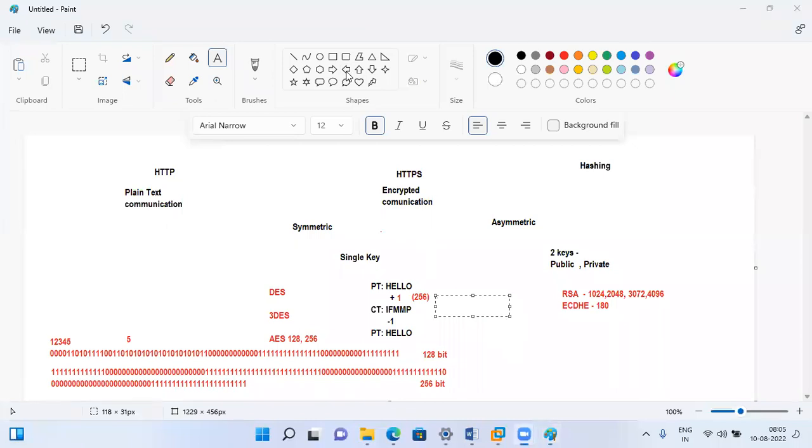We are trying to protect confidentiality here. Okay. So by enabling encryption, we are trying to protect confidentiality.